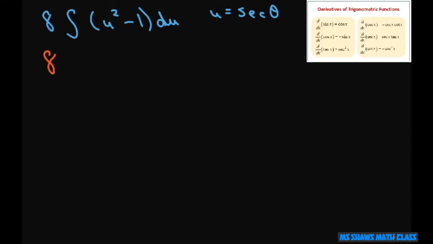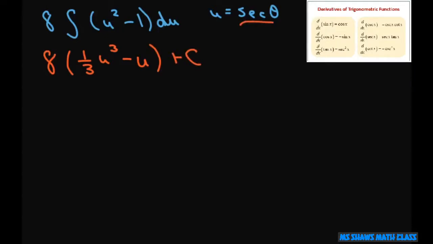All right, so let's start with that. We have 8 times the integral of u squared minus 1 du, where u was secant of theta. Now, let's integrate. That's going to give us 1/3 u cubed minus u plus c.